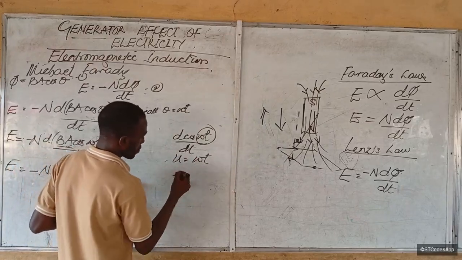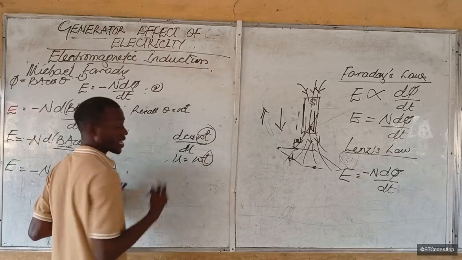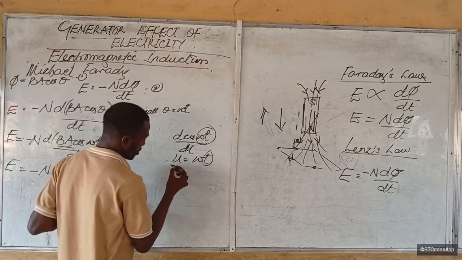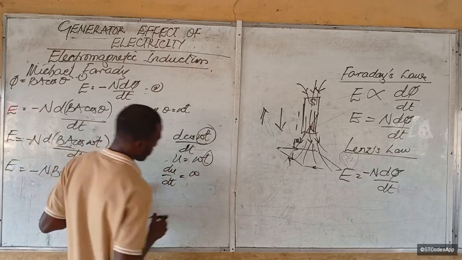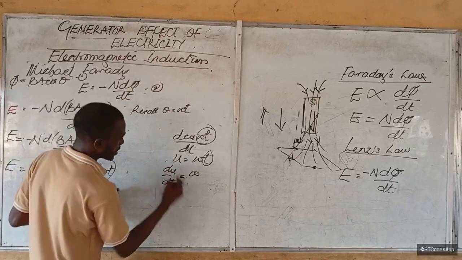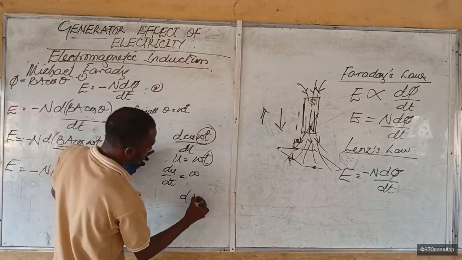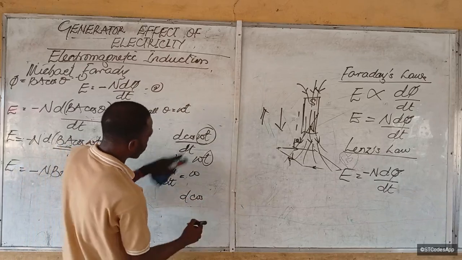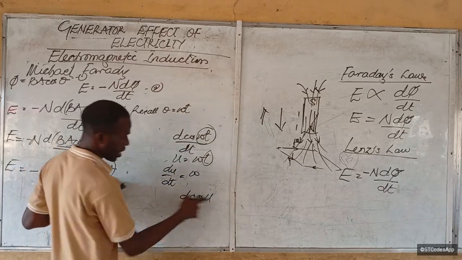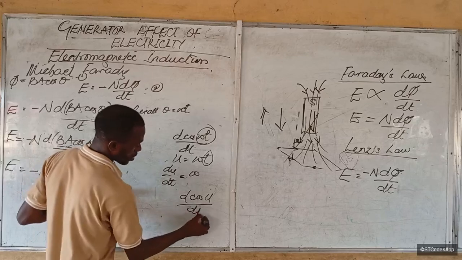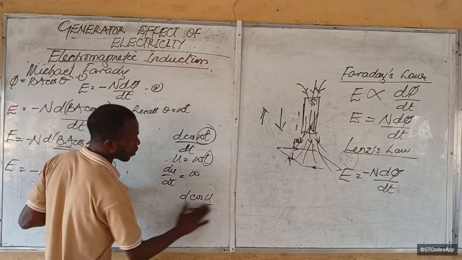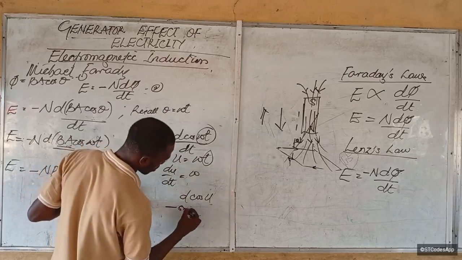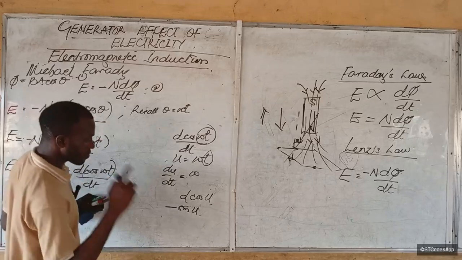We are going to get ω, because ω is a constant there, so du/dt is going to be ω. And it means that our derivative d cos ωt is now d cos u. So by the time you differentiate cos u, you're going to get minus sine u.